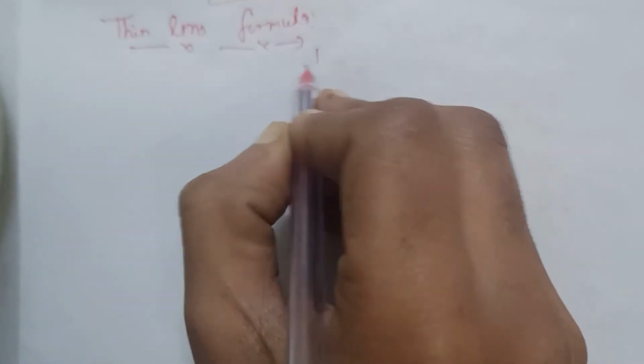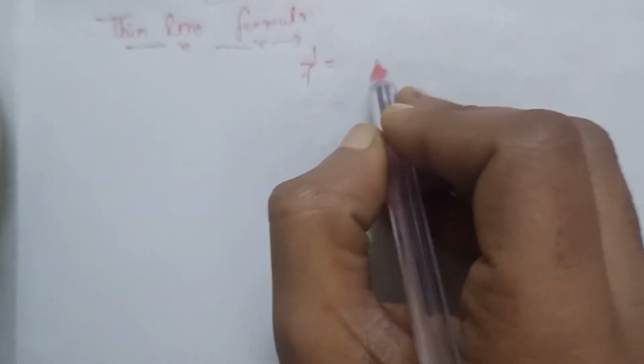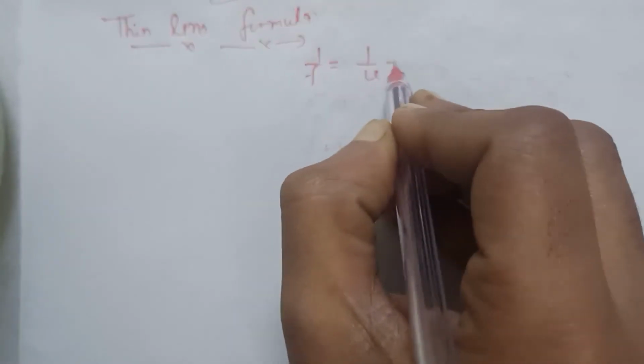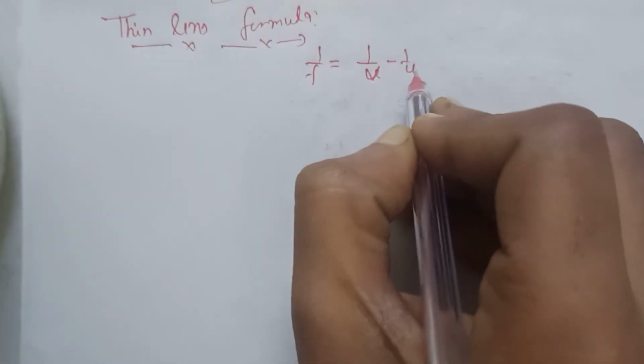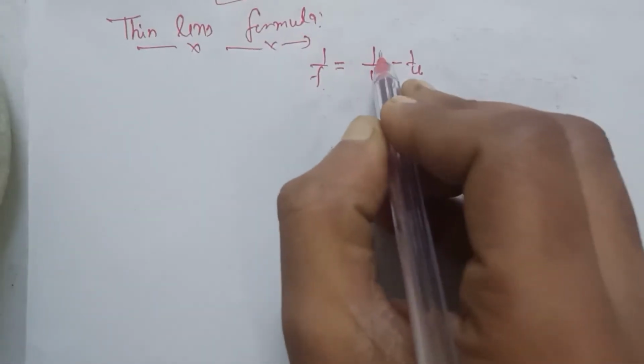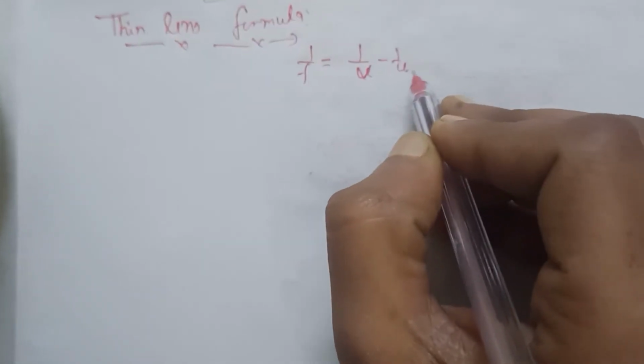Now the next topic is the thin lens formula. The thin lens formula is a mathematical relationship between focal length, image distance and object distance: 1 upon f equals 1 upon v minus 1 upon u.